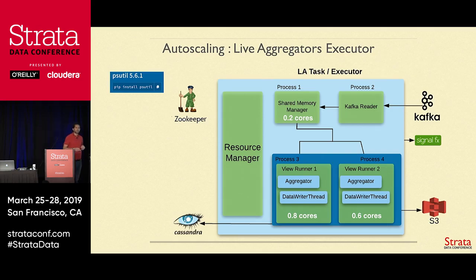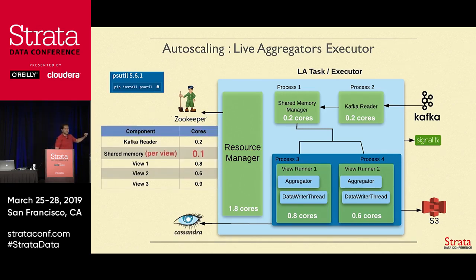But the important thing here is that, as you've seen previously, the job of the shared memory manager is to take messages from the Kafka reader and distribute them amongst the views, which means that its resource usage depends on how many views it's serving. So this 0.2 number, given that it's running 2 views, means it's dedicating 0.1 cores to serve each of these views. And then the Kafka reader in this example takes 0.2 cores. So in total, this task is consuming 1.8 cores.